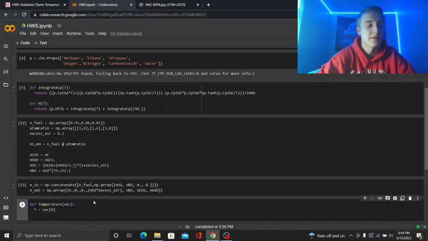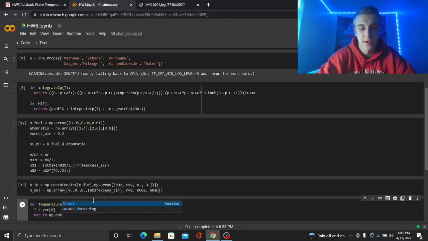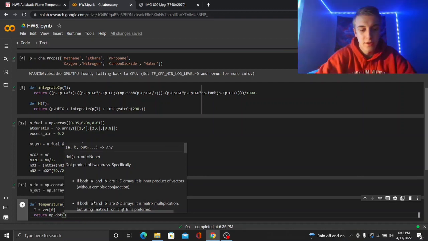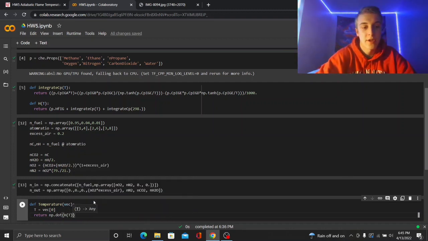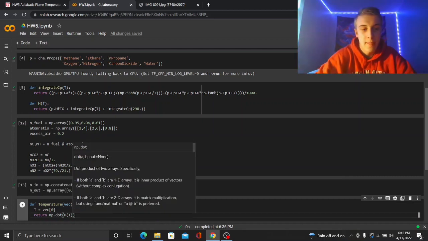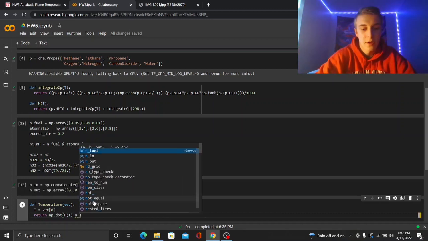So how we're going to type that into Python is we're going to return, and it will be a numpy dot for the dot product. And so we're going to start off with the enthalpy function at the temperature that we're looking for. And we're going to do the dot product between that and our moles out.